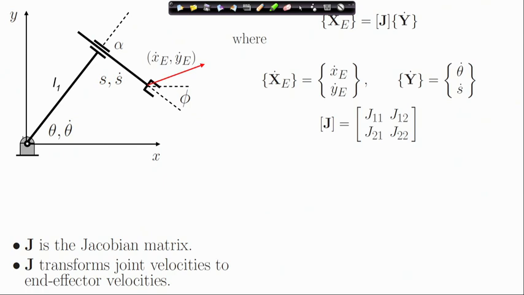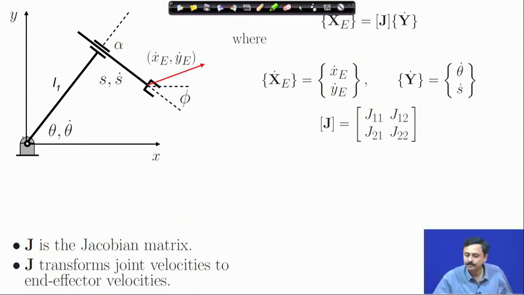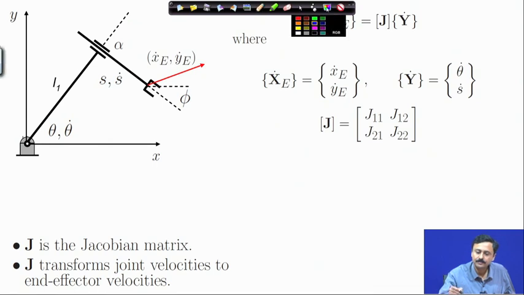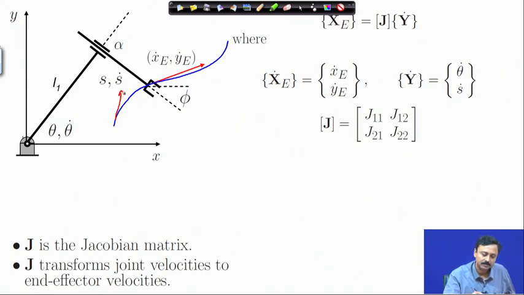Now, if I ask the inverse problem, so given the end effector velocity, suppose I want to follow a certain path, and I have a velocity specification at every point on the path.